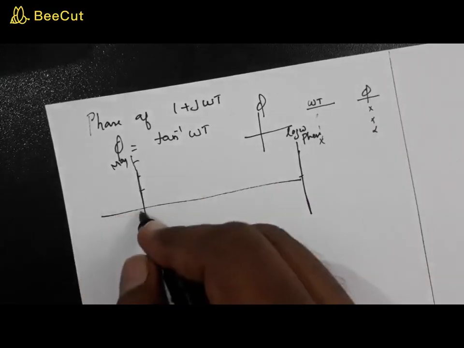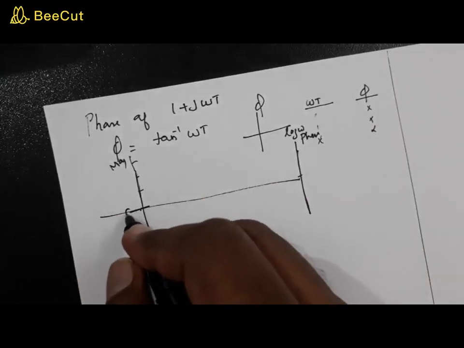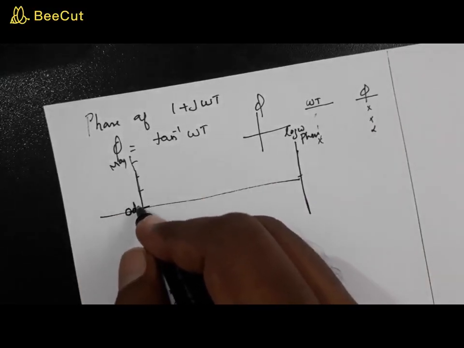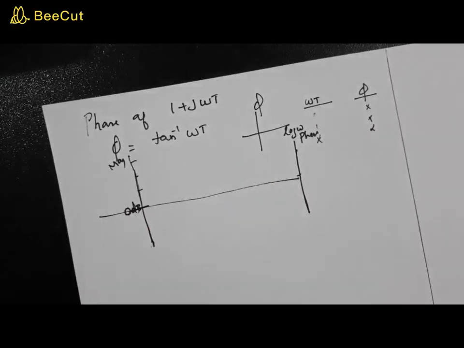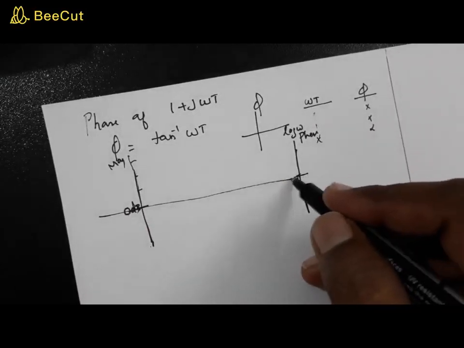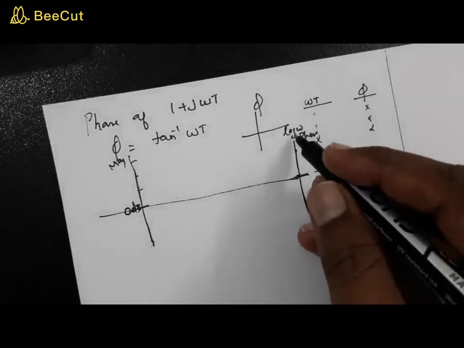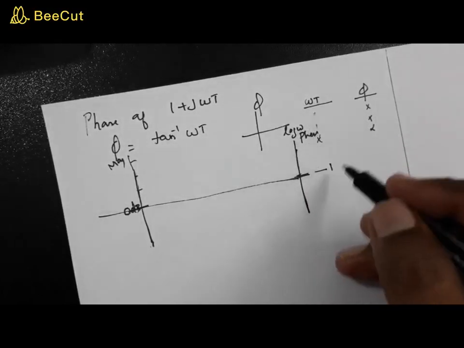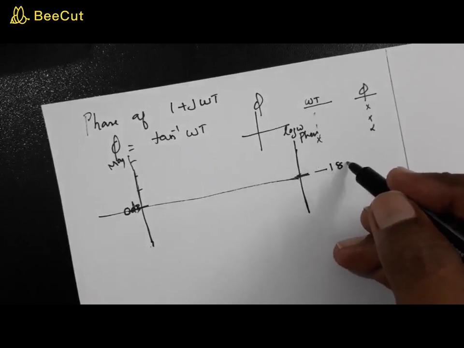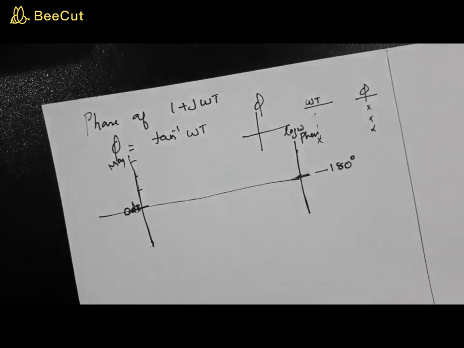On this side, the zero line is noted as 0 dB, and this 0 dB has to be in line with the phase side, which must be marked as minus 180 degrees.